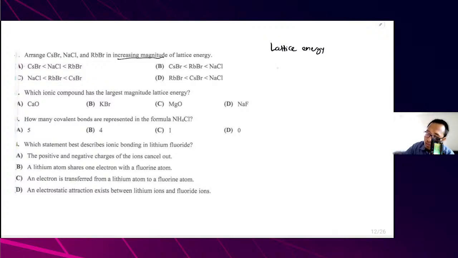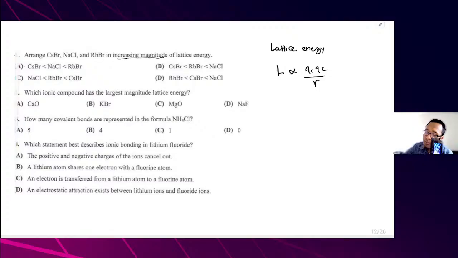So the equation, like we did for the previous question: L is proportional to Q1 times Q2 over R. This is the basic equation to determine the lattice energy.